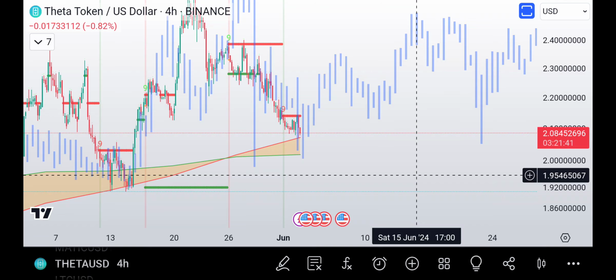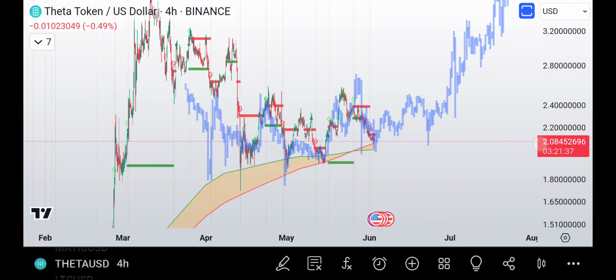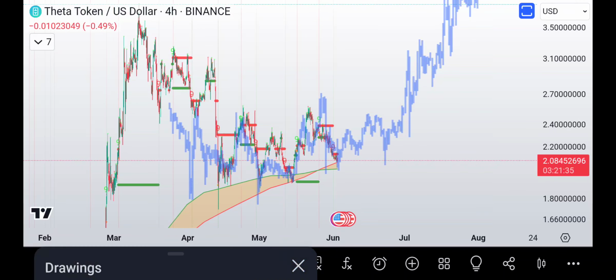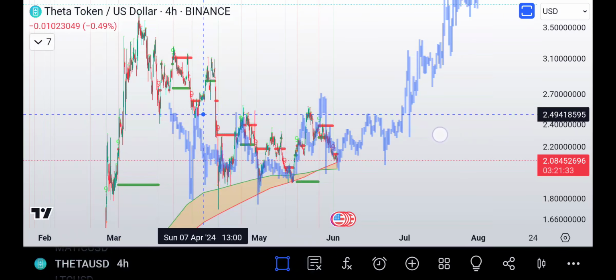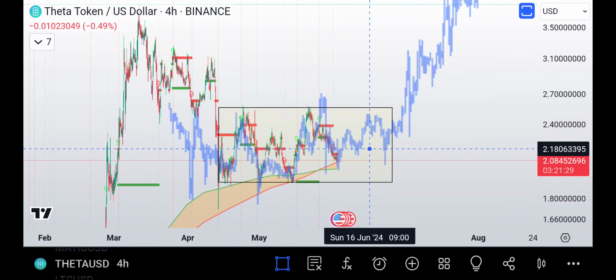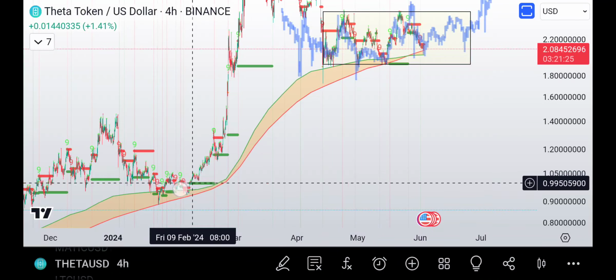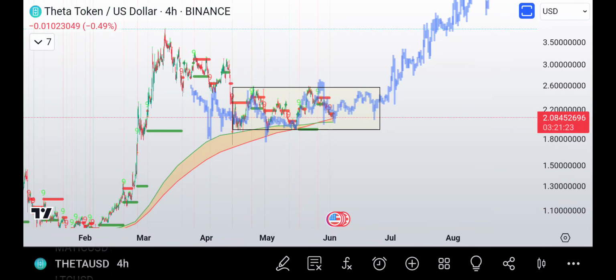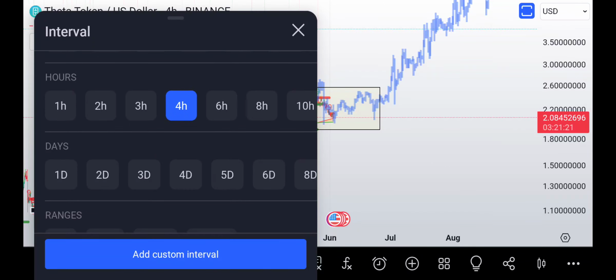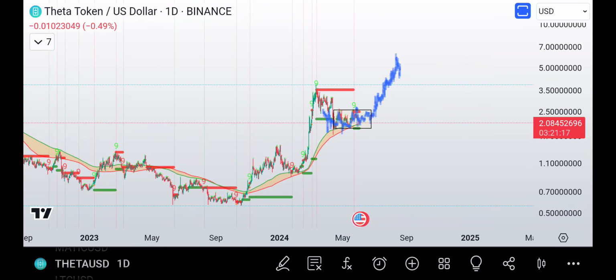As long as we hold above $1.95, I think Theta is still on track for this massive accumulation sideways box here to break out, just like how this broke out. So, you know, let's zoom out, and there we go, something like that.